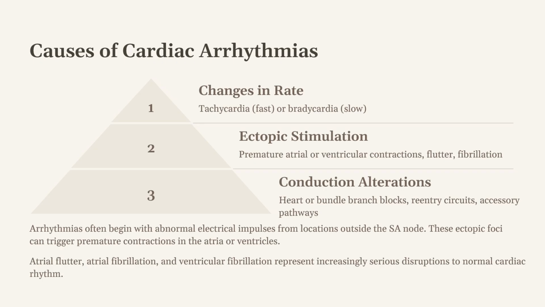That could be due to premature atrial or ventricular contractions, or could be flutter or fibrillation, and those can be atrial or ventricular as well. There also can be an issue with conduction, so there could be heart blocks or bundle branch blocks. There could be issues with some other pathway leading to the conduction.